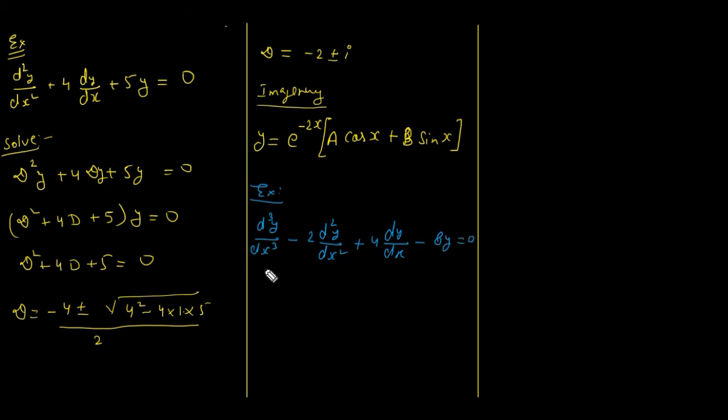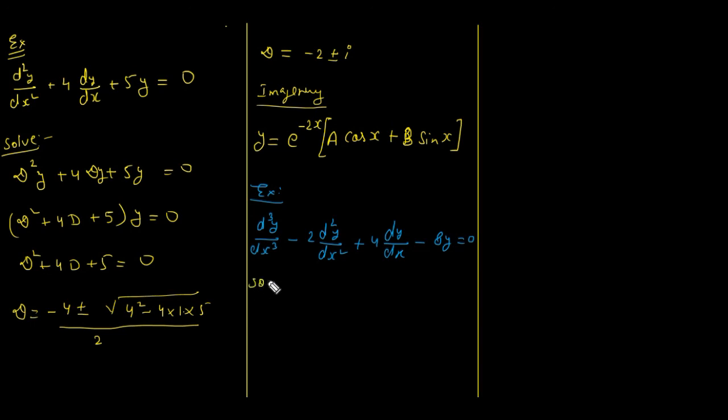So this is a third order differential equation because the highest derivative is d3y by dx cube. But is it linear or non-linear? It is a linear differential equation because the power of each dependent term or its derivative is 1.